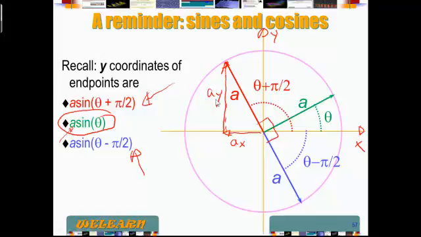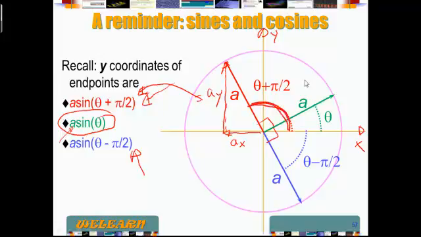Now, the y-coordinate is A sine of this angle, whatever that angle is.